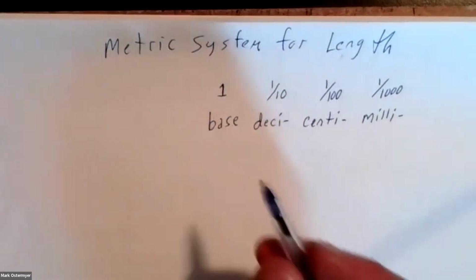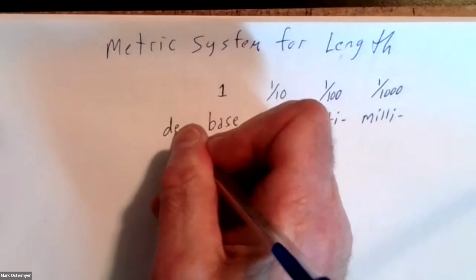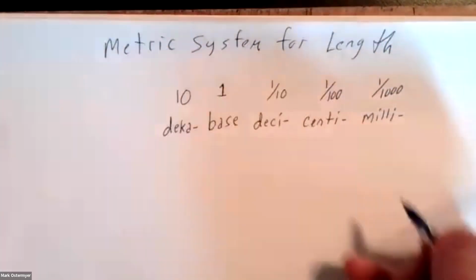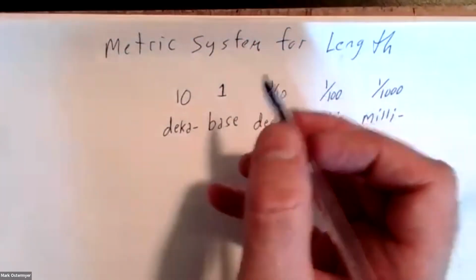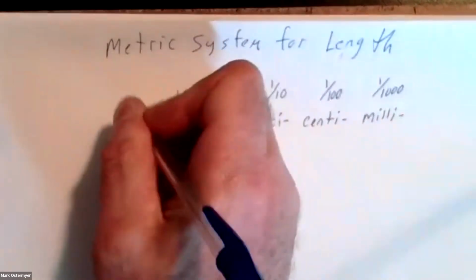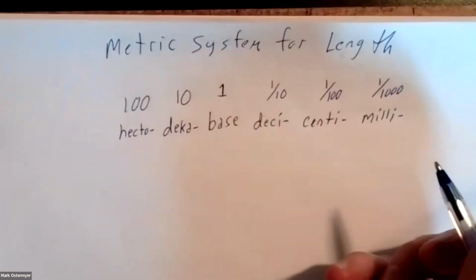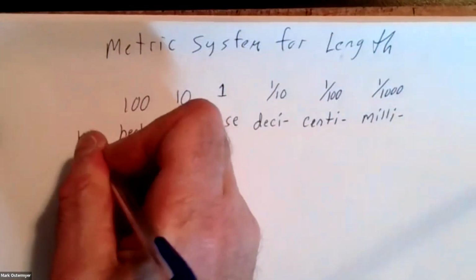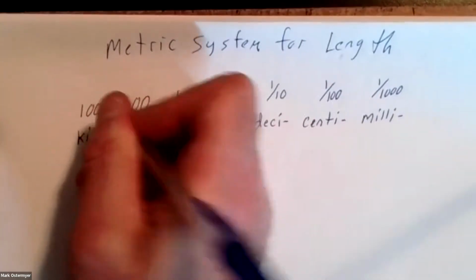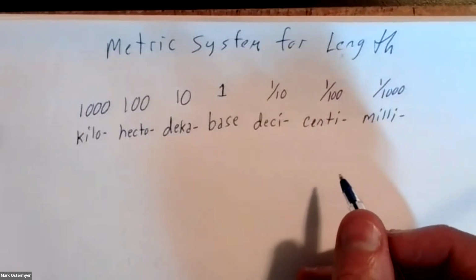10 times larger than a base unit is called a deca unit. Deca is the prefix, 10 times bigger than a base unit. 100 times bigger than a base unit is called a hecto unit. Hecto, 100 times bigger. 1,000 times bigger than a base unit is called a kilo unit. Kilo, 1,000 times bigger than a base unit.